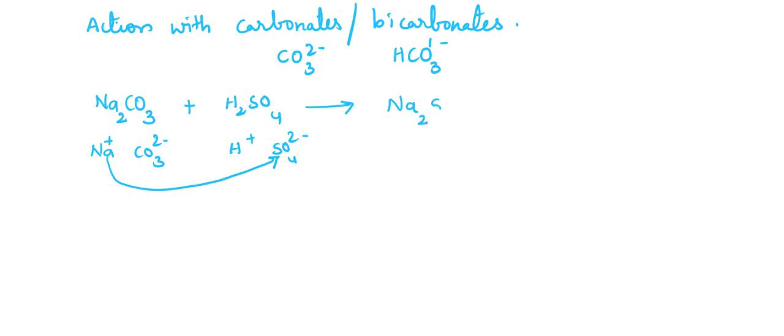We get Na2SO4 plus H plus ion combines with carbonate ion and forms carbonic acid. So keep in mind, when you get carbonic acid by the double displacement reaction, always split the carbonic acid and write it as H2O plus CO2. Combination of these two substances gives carbonic acid. Clear, children?